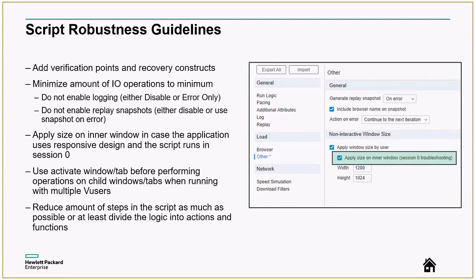And also try to reduce the amount of steps that you have in the script or in the action. Try to manage your script in such a way that it will be more easily maintained. I oftentimes see customer scripts with 300 steps and like 100 steps that are in level 2 or level 3.